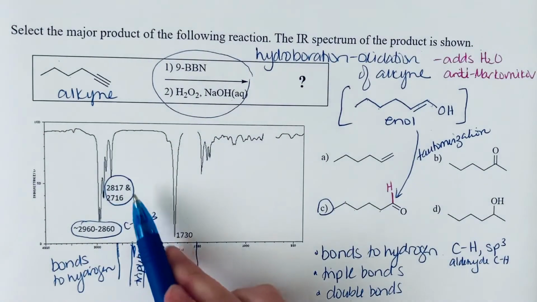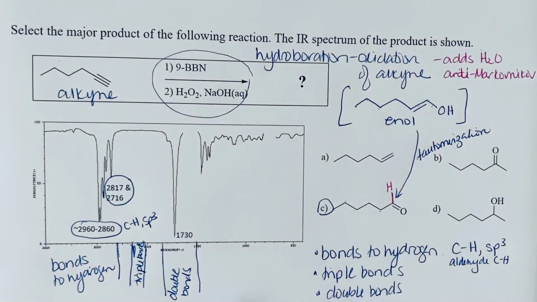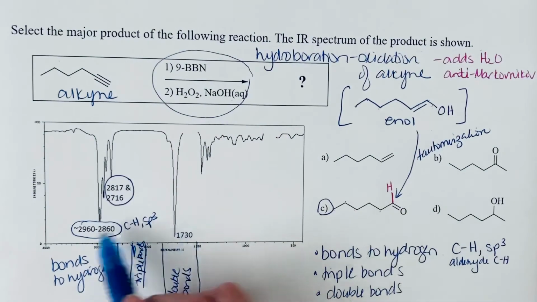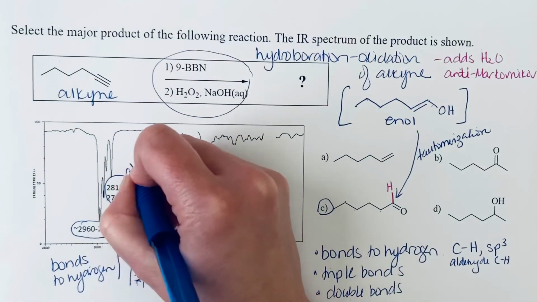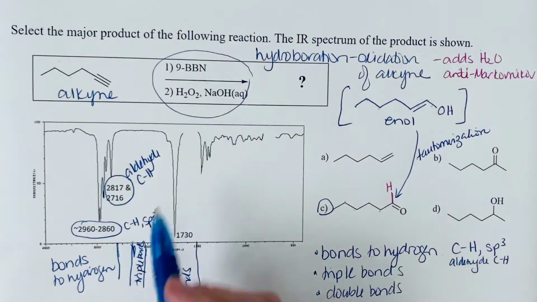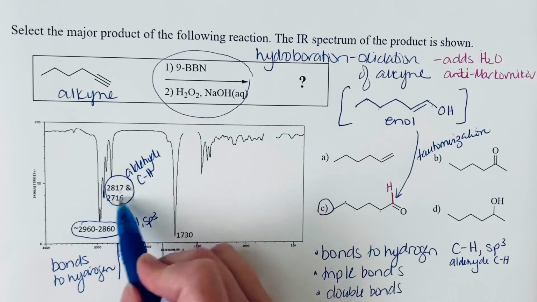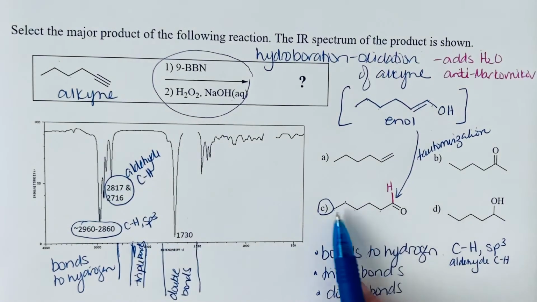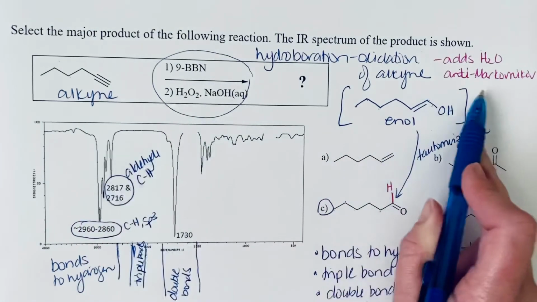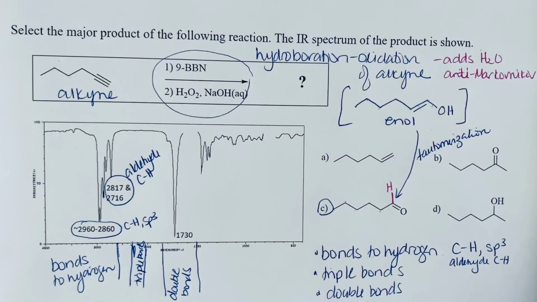So don't let the fact that there's two peaks and only one hydrogen throw you off. That's just because there's more than one motion that carbon-hydrogen bond can have. And what we're seeing here is energy of bond motion. So these are the aldehyde CH bonds. So the presence of these two signals would allow you to differentiate between C and B if you couldn't quite remember that this was anti-Markovnikov, for instance.